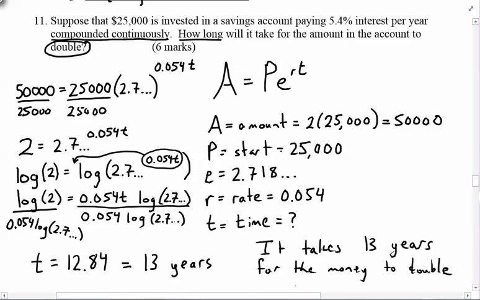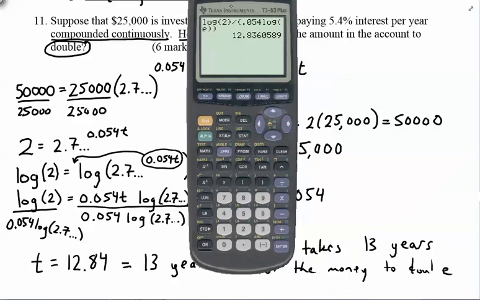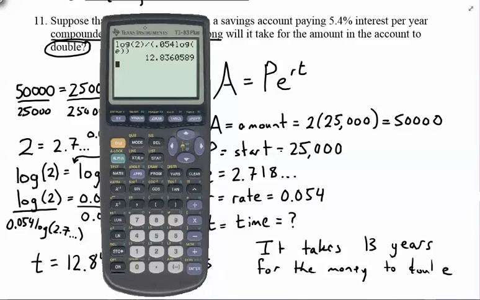Okay, so to check your answer, you can plug this back into the calculator. We can plug this into the original equation, the P e to the rt. So I start with an amount of money that is $25,000.